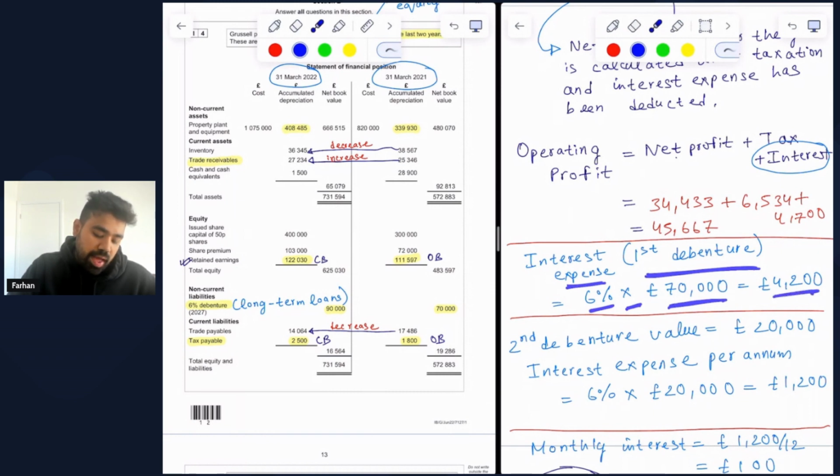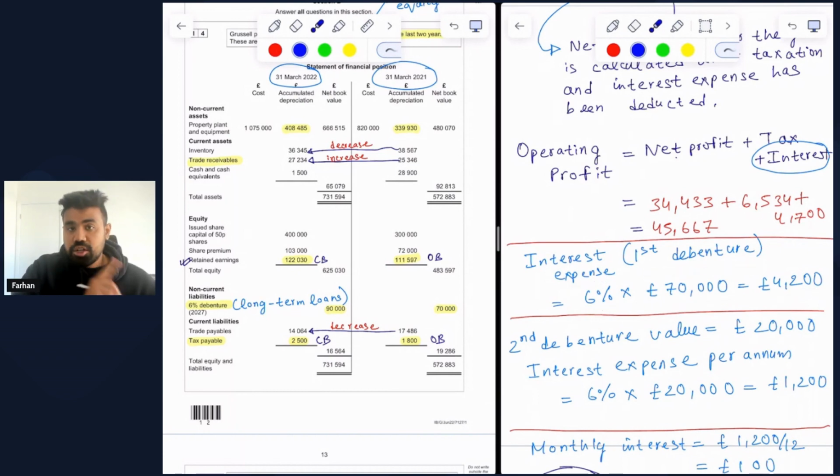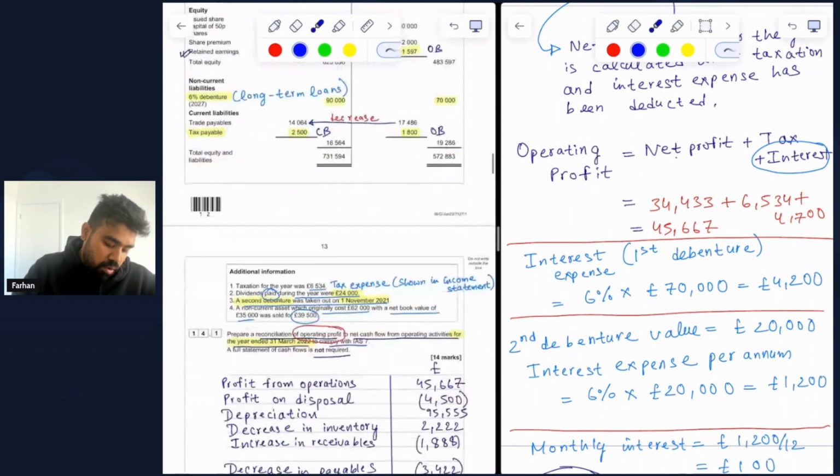This long-term loan of £70,000 from the previous financial year is still in use within the business, and therefore that is the reason why we're applying 6% straight away and finding the annual interest expense for this first debenture of £4,200.